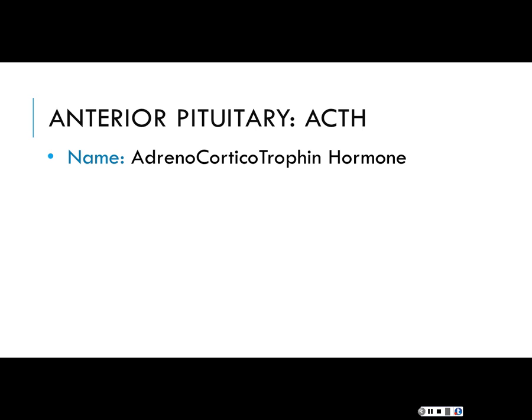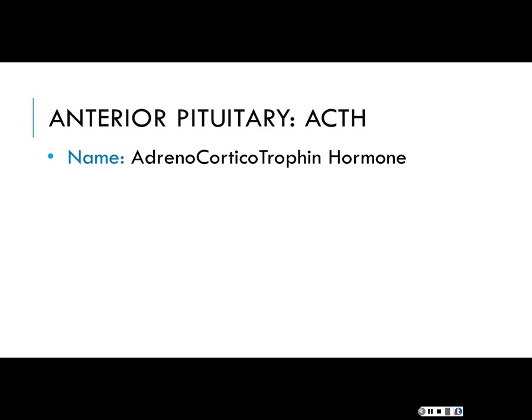So ACTH, you can call it adrenocorticotropin. I've capitalized where the nomenclature comes from, an abbreviation. You can call it adrenocorticotropin, or you could just call it corticotropin. Either way. I like to throw in the adrenal, so we're talking about the adrenal cortex.